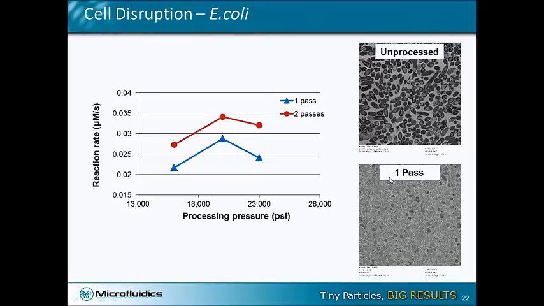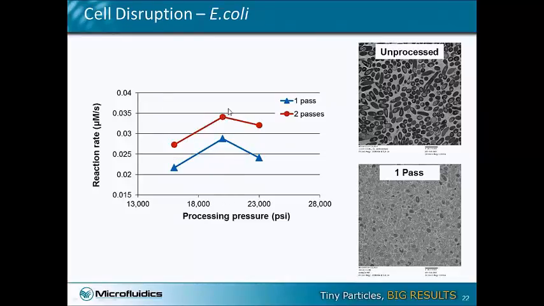To optimize the process conditions, we can look at the reaction rate, which indicates the total protein recovery. You can find that the maximum protein recovery is achieved at the medium pressure we used in this test after 2 passes.